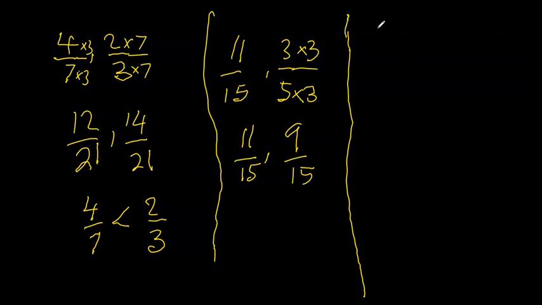Okay, so let's say I have 2 over 3, and then I have 3 over 4, and I also have 4 over 5, right? We're comparing these. Let's say the question says arrange them from the largest to the smallest, right? So the same thing you do, establish a common denominator.